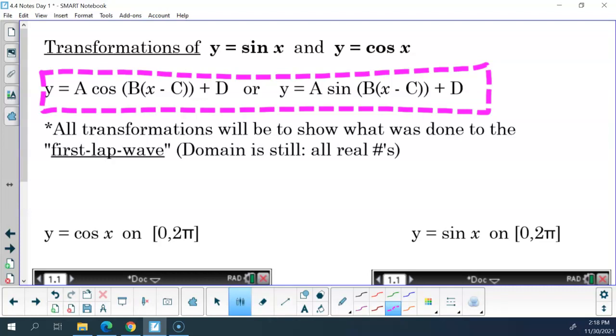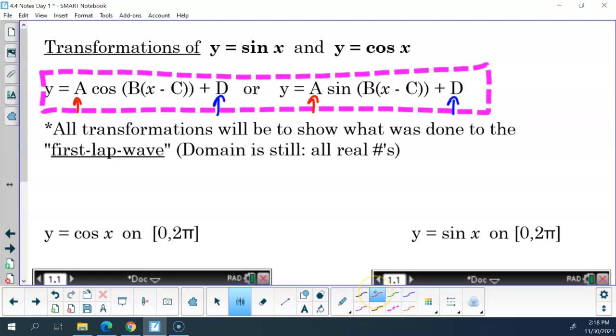Those are, for lack of a better term, the parent functions for sine and for cosine. Today, we're going to deal with A, and we're going to deal with D. A is going to be our amplitude.